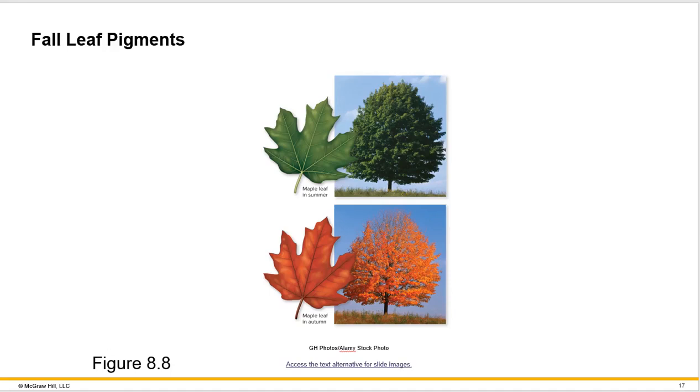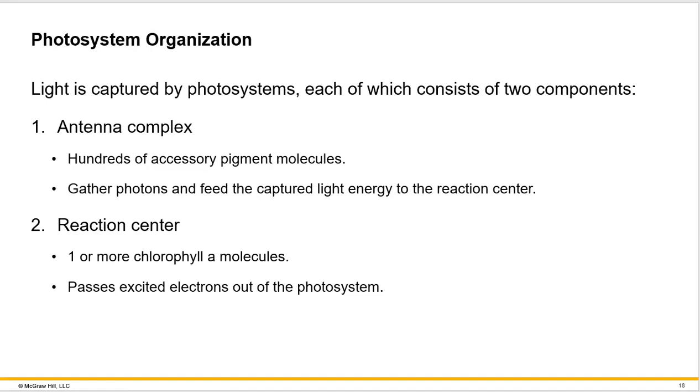And so, fall leaf pigments: in the spring and summer, all the pigments are active, and then in the fall, the plant will absorb some of its pigments but leave some others behind, which makes it look red and orange. All right, so now we're going to look at the process of photosynthesis in some detail.